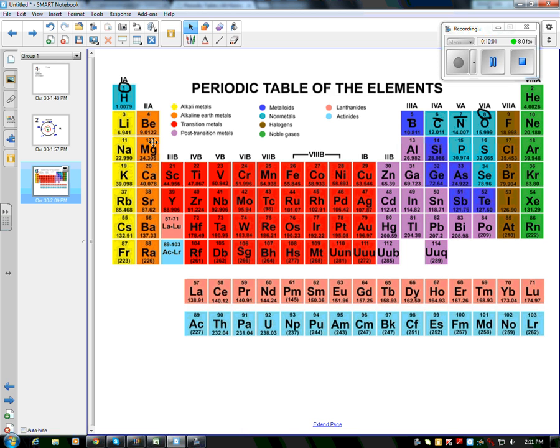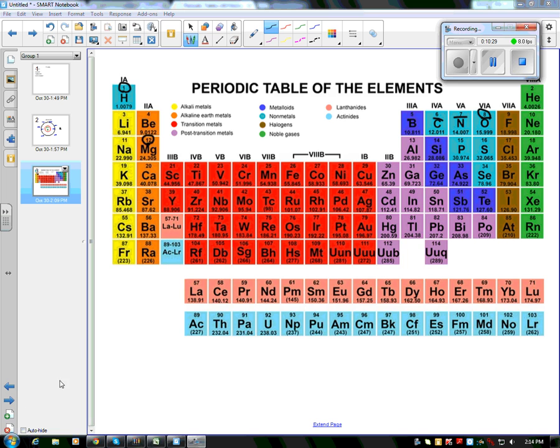Mg is magnesium, because they can look at the periodic table, and those two both know that the number of protons equals the number on the periodic table. Okay, so the top number on a periodic table above each element is the atomic number, and the atomic number is equal to the number of protons in that element.